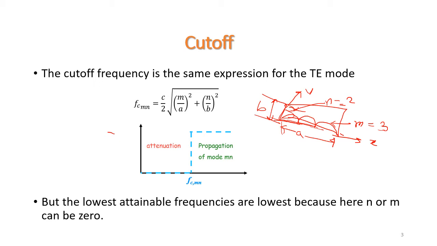To find the dominant mode, we have to find out which values of m and n give the lowest cutoff frequency. At a time, m and n cannot both be zero. We can have any combination of m and n other than both zeros. So we have to find out which is the dominant mode in this rectangular waveguide, that means the mode giving the lowest cutoff frequency.